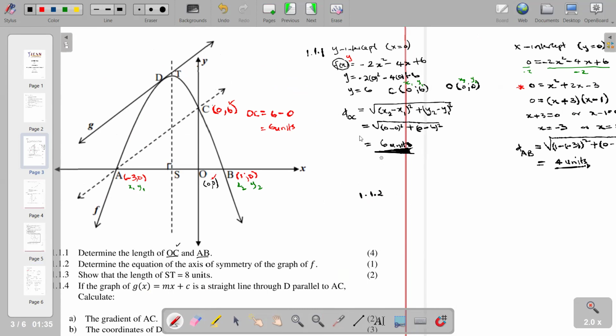it means at the turning point, your x is equal to minus b over 2a. So from the equation of our function, you can see our a, which is the coefficient of x squared, is minus 2. Our b, which is the coefficient of x, is minus 4. Then our c, which is the constant, is equal to 6.